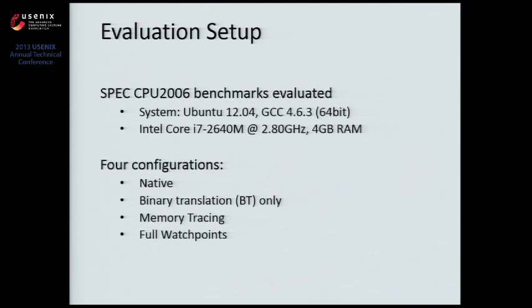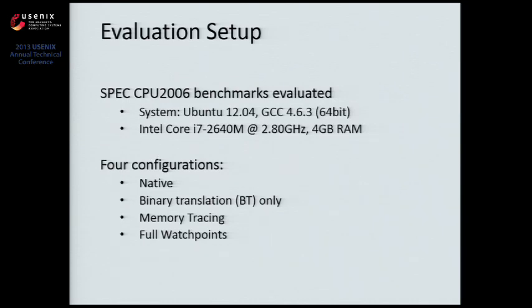Let's look at the evaluation of this setup. We used the SPEC CPU 2006 benchmarks on a fairly modern system with 4 GB of RAM. Of course, we ran it in the 64-bit mode, and we compare 4 different configurations against each other. The first configuration is running native 32-bit SPEC CPU on that machine to evaluate the baseline.